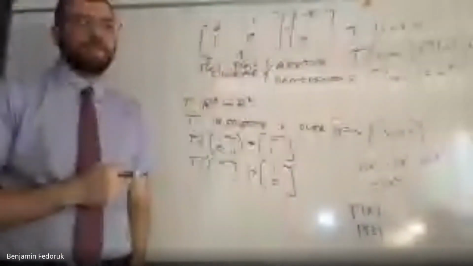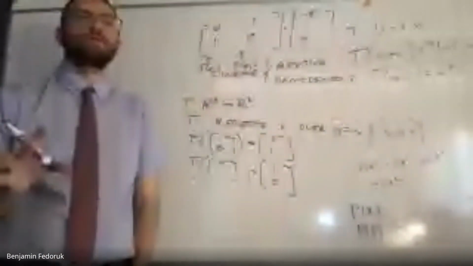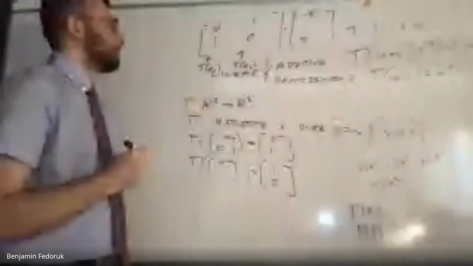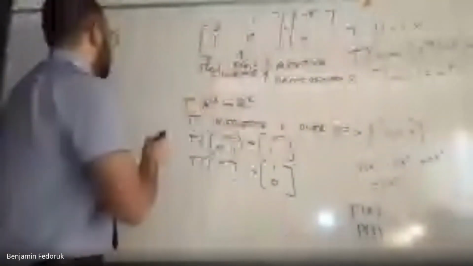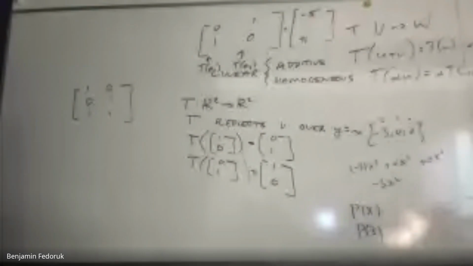And that's it. So any linear transformation at all can be represented by a matrix. What would it mean if I had a matrix that was like this? What kind of transformation would that represent?